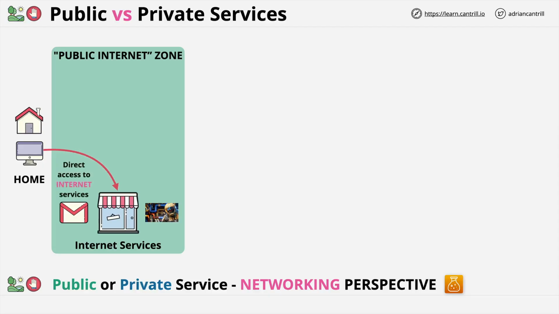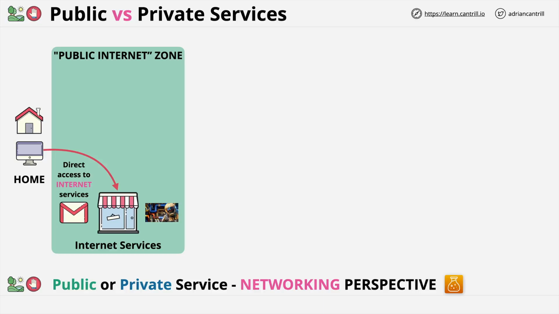So this is the internet zone. Then we have private networks. So if you're watching this video from home, then your home network is an example of a private network. Only things which are directly connected to a network port within your house or people who have your Wi-Fi password can operate in your personal private zone network.